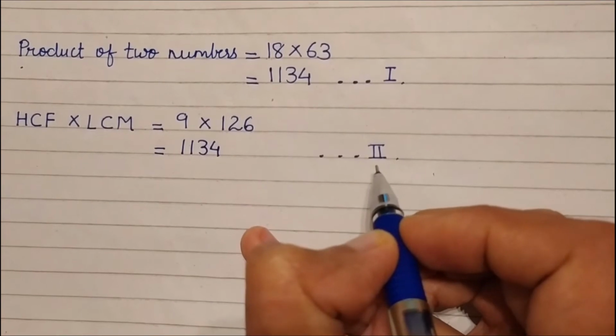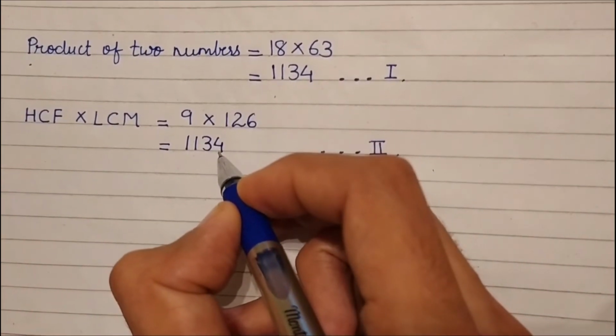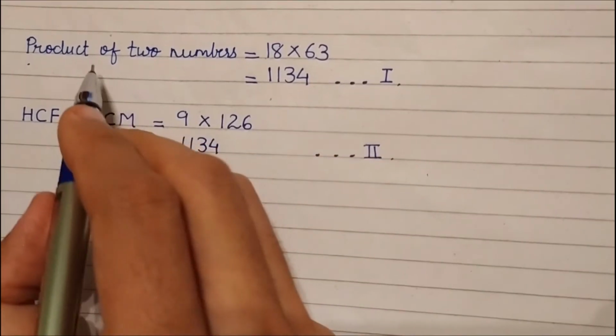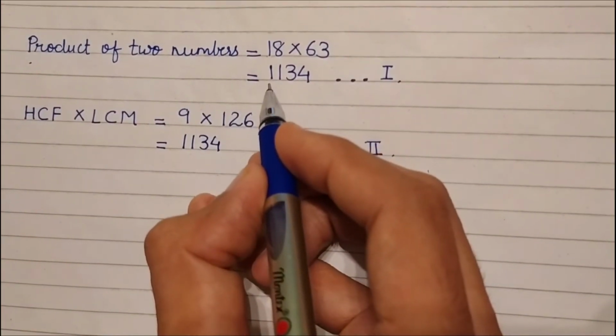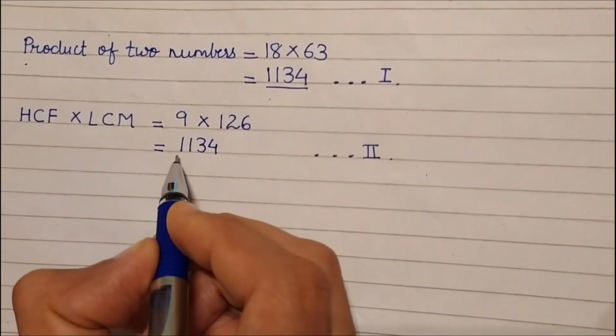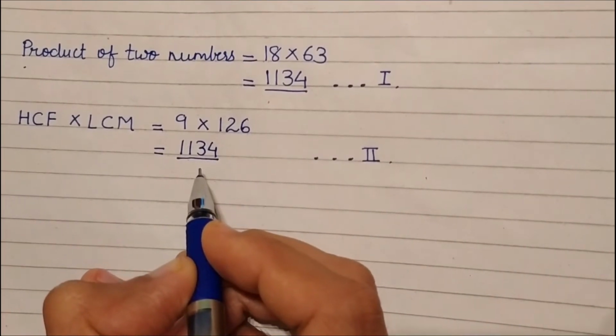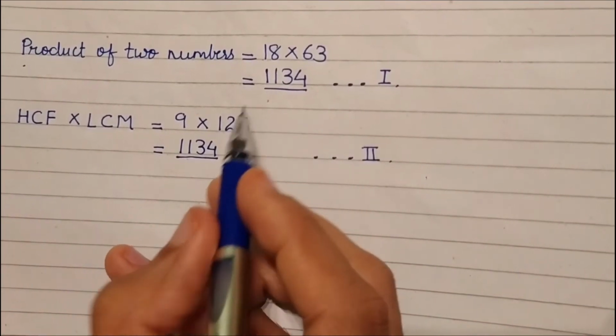Now children, observe statement number 1 and statement number 2. Product of two numbers is 1134. HCF into LCM is also 1134. Means both the values are equal.